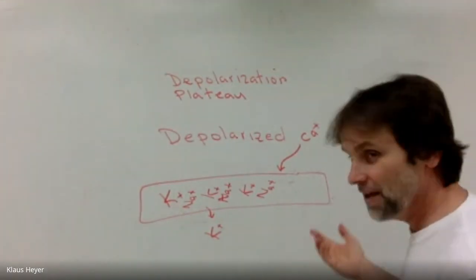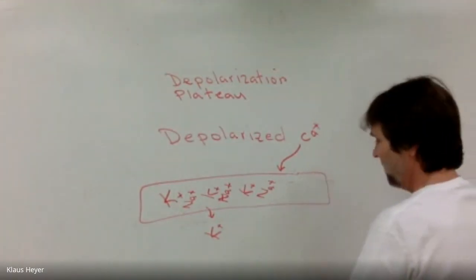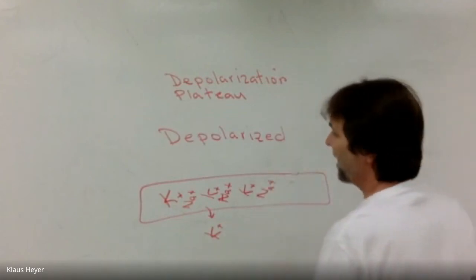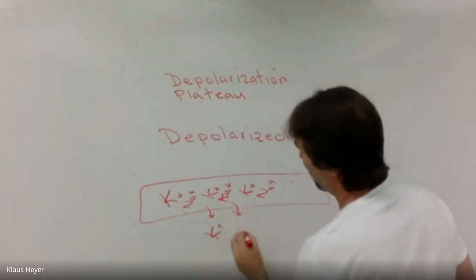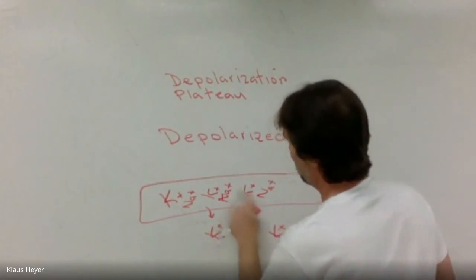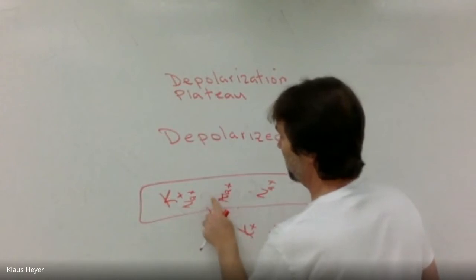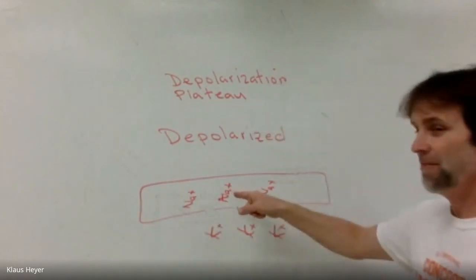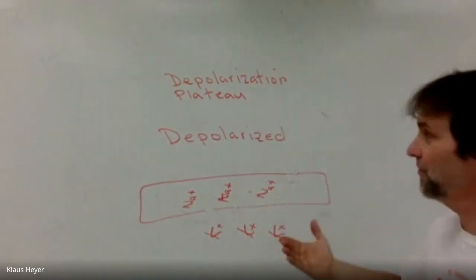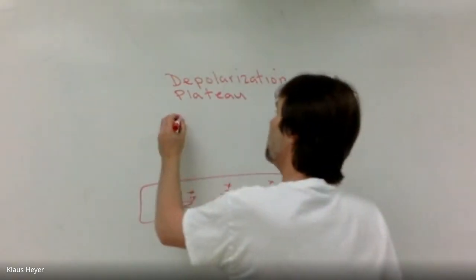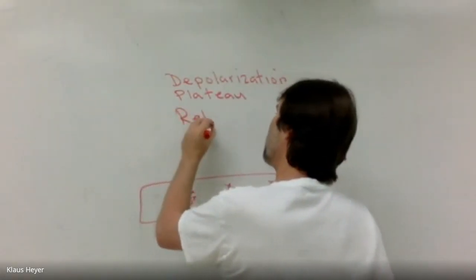And then finally, the calcium turns around and goes back home, and the potassium keeps coming out. So now we've actually switched places. Sodium came in, the potassium left. We call that repolarized. It repolarized itself. It's going to relax.